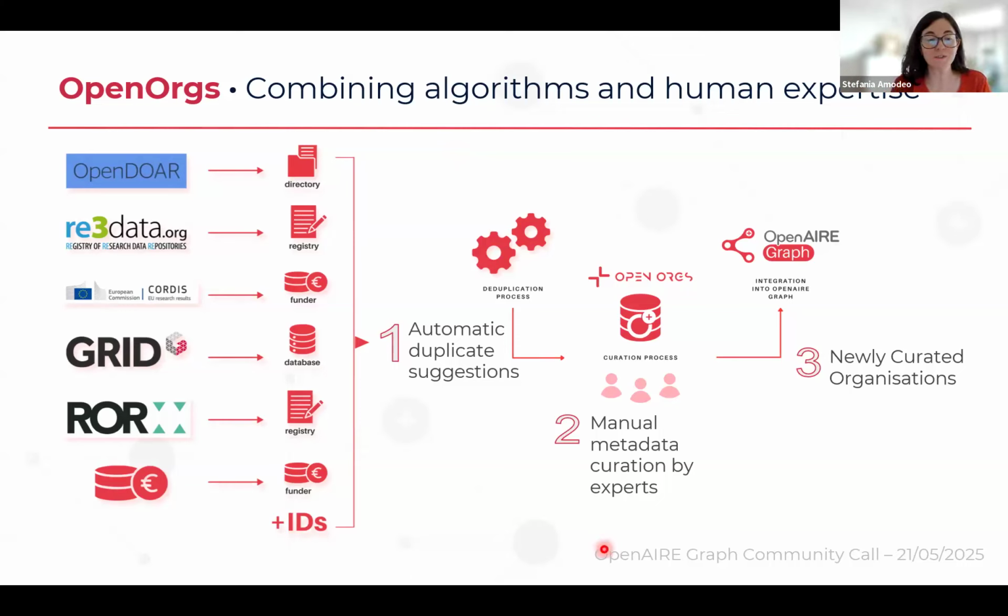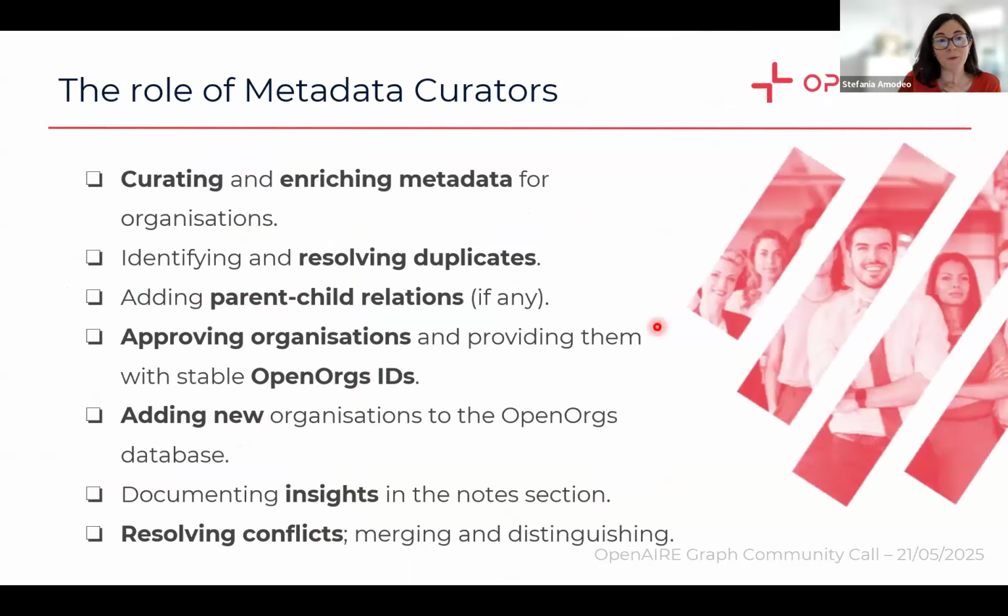So this is the need to rely on experts for curating the metadata. This curation, following some suggestions from our algorithm, is important to establish the actual situation in a given organization.